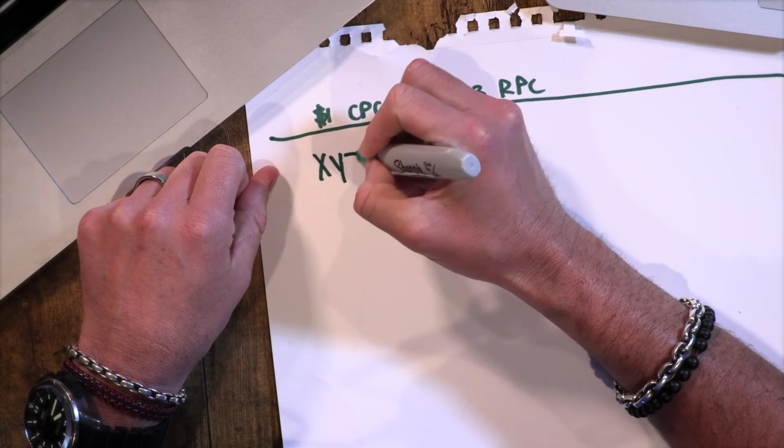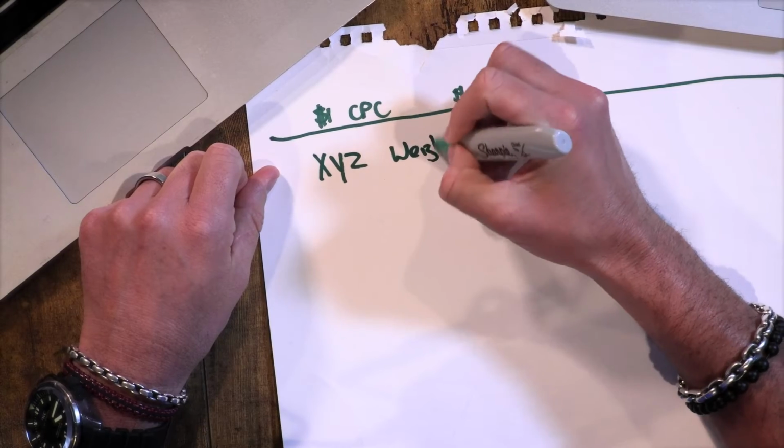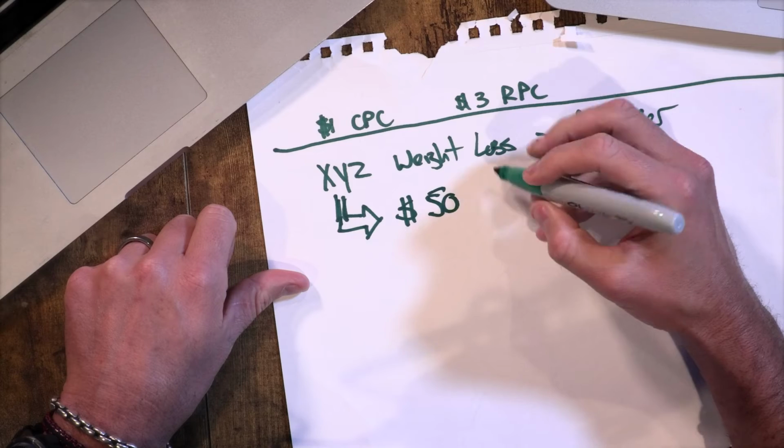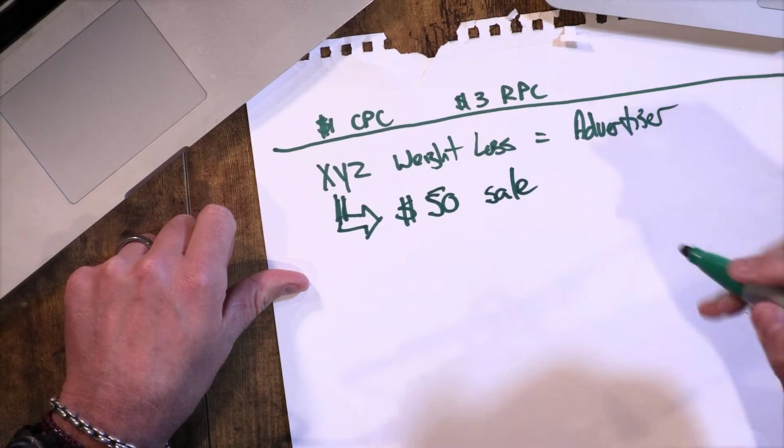Now let's pretend that you go out and you get an offer. Let's call it XYZ weight loss. And this is the advertiser. Now, let's say that they are willing to pay $50 a sale. So someone's gonna pay for the product, and when they pay for the product, $50 goes to you.